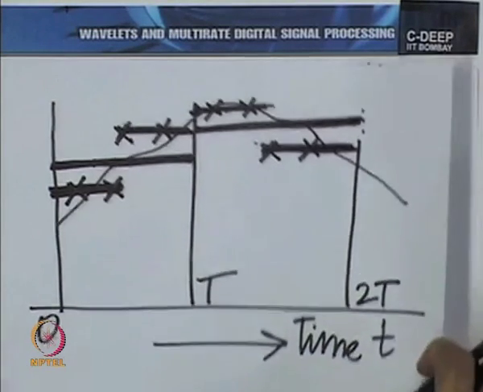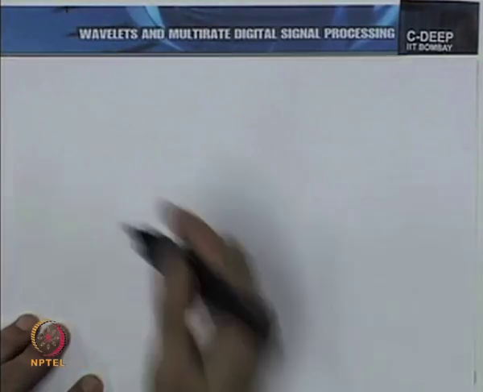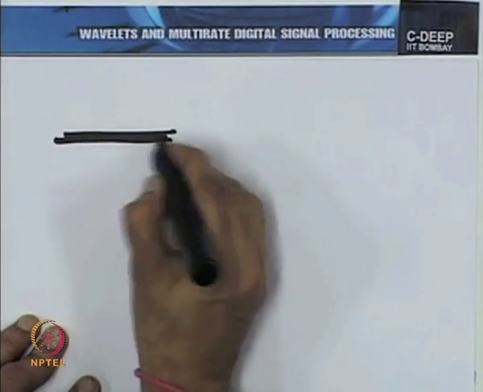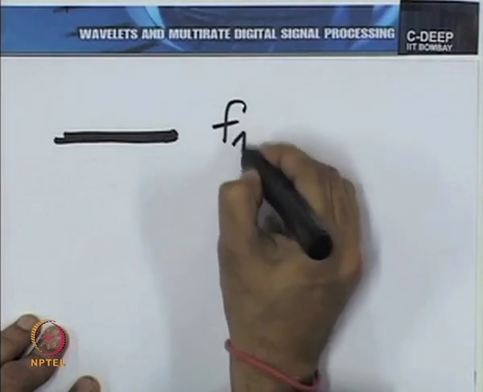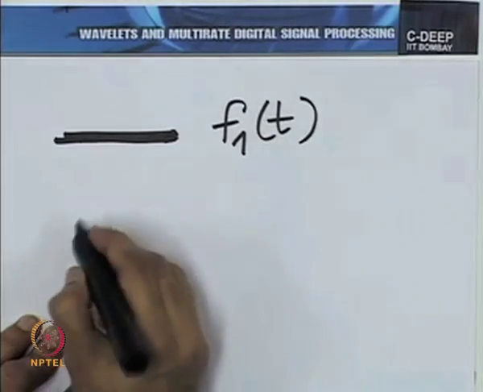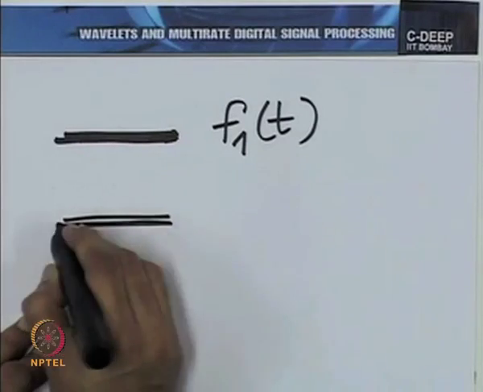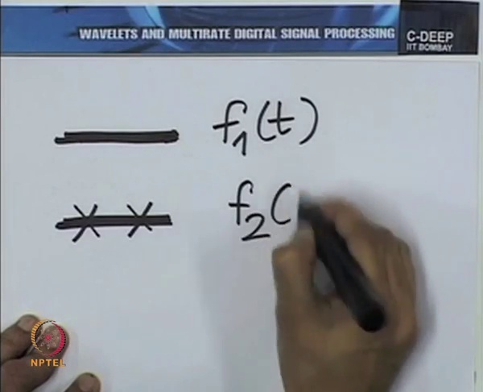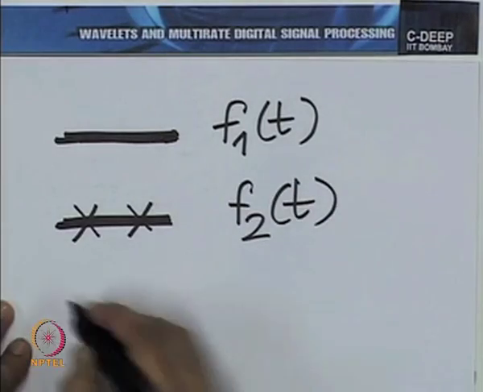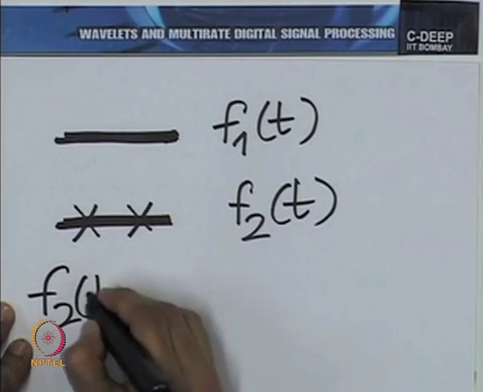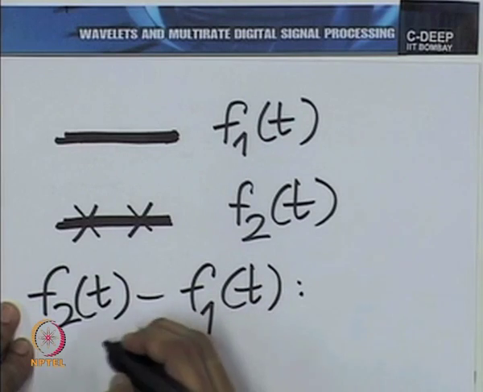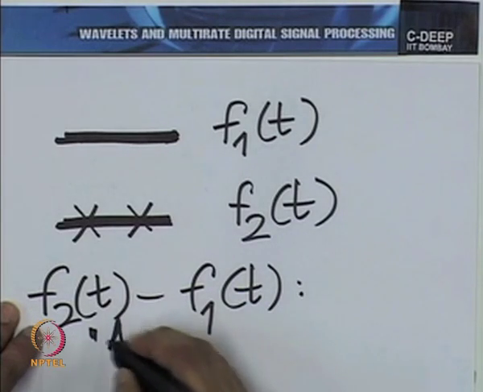So, let us give them names. Let us call this function, just the dark one, f1t, and let us call this function, the one which we have shown with dark and cross, f2t. f2t minus f1t is like additional information.